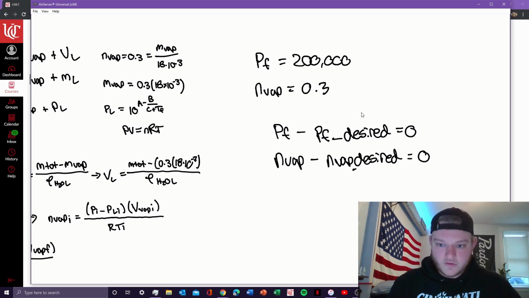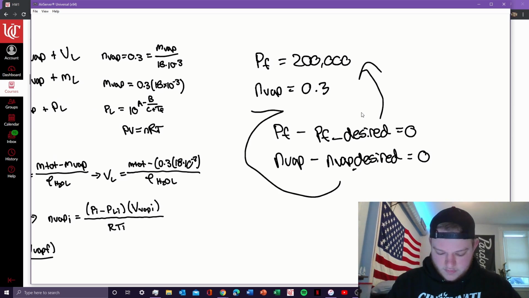So you might be wondering, well, what's this desired? This desired is the variable we are going to put in Python. So pressure final desired is going to be 200,000, and then moles vapor desired is going to be our 0.3.